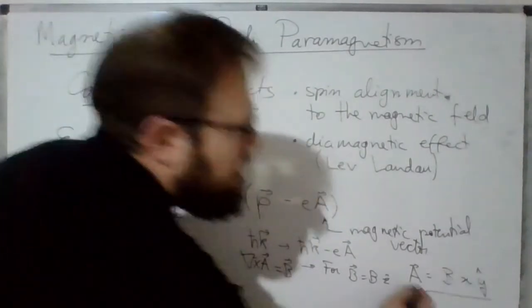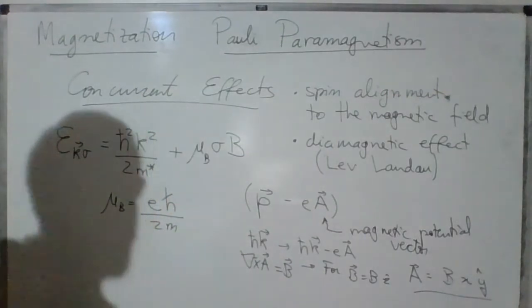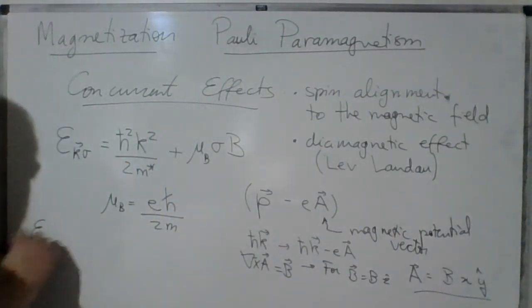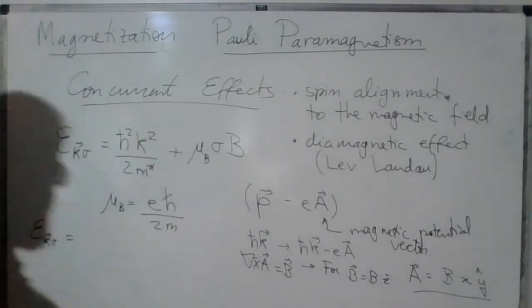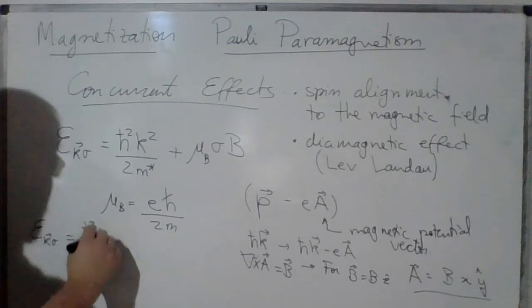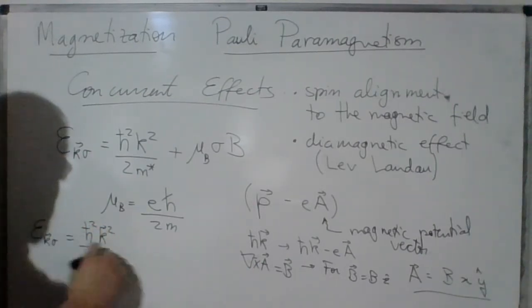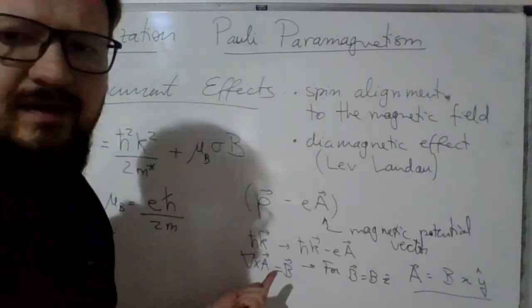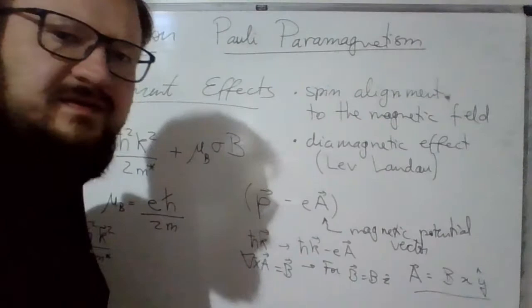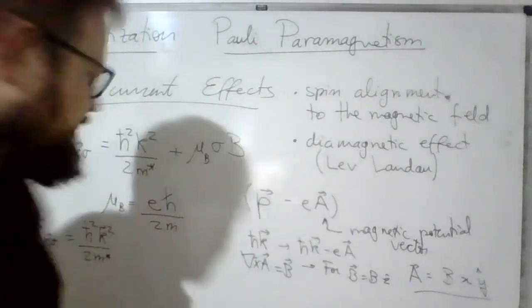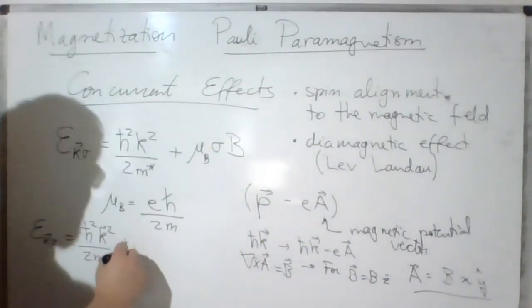Okay, so you can have something like that. And therefore, for the total energy, you would have something like this: h bar squared k squared divided by twice the mass. There is an orbital angular momentum interaction with the magnetic field, but I am just neglecting that for a while.